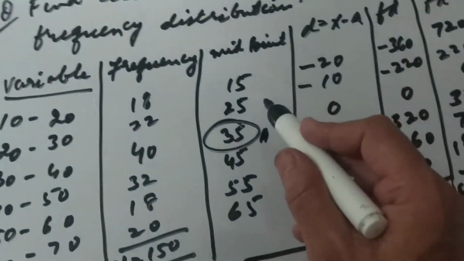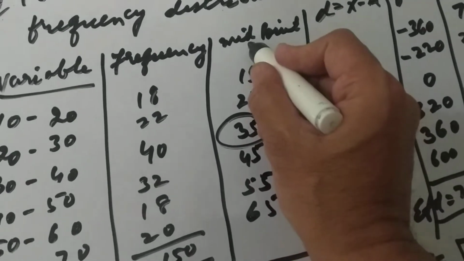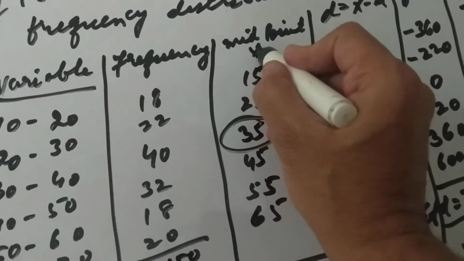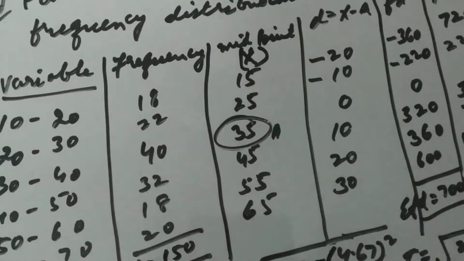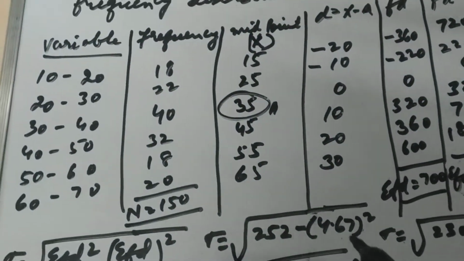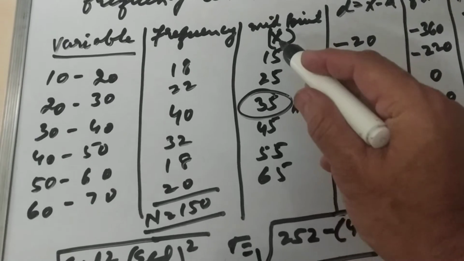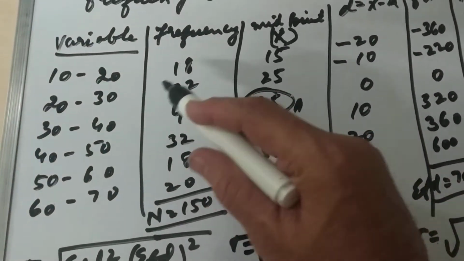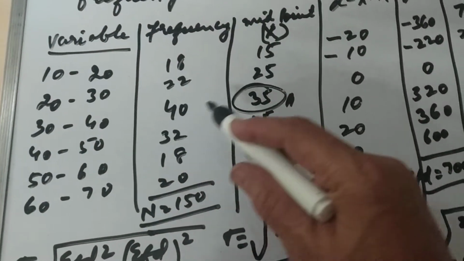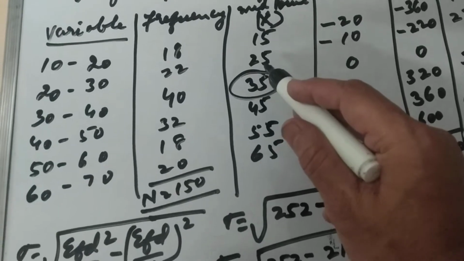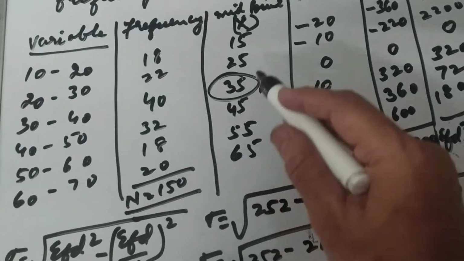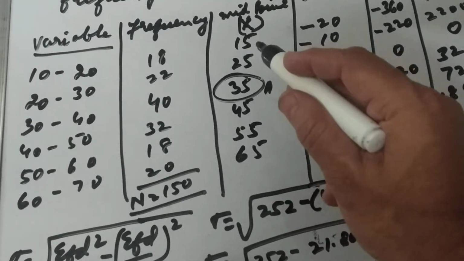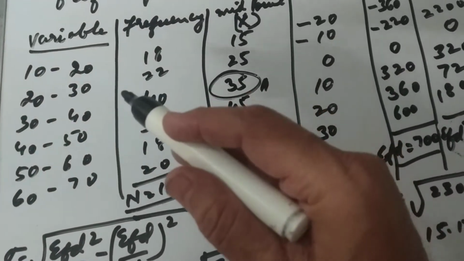So we have to create X in case of a continuous series, and midpoints are treated as X. So I have created all those midpoints. 10 to 20 midpoint is 15, 20 to 30 midpoint is 25, 35, 45, 55 and 65, like that. So you have all these midpoints in front of you.